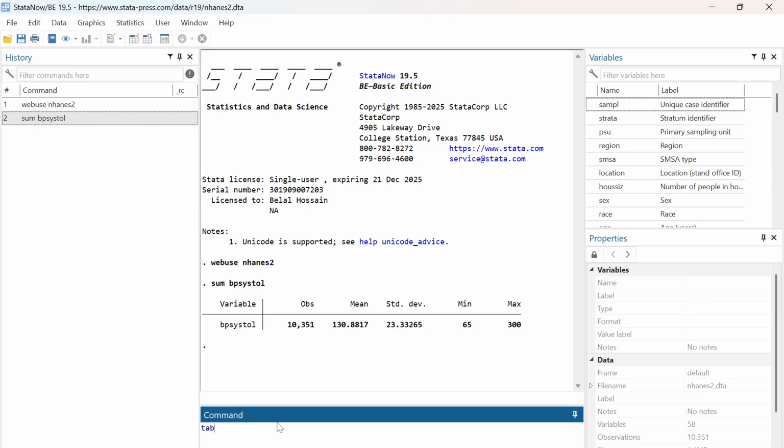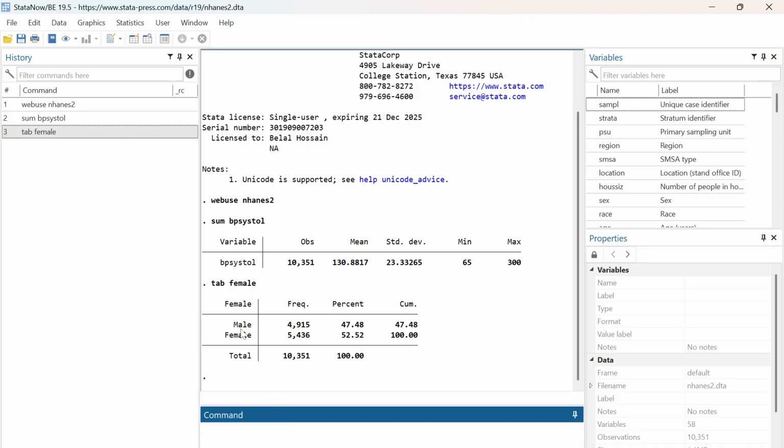Another variable we're going to tabulate is female, which is the binary variable, right? Which has two categories, male and female, right? So our interest is to know the average of the male and average of the female systolic blood pressure, right?